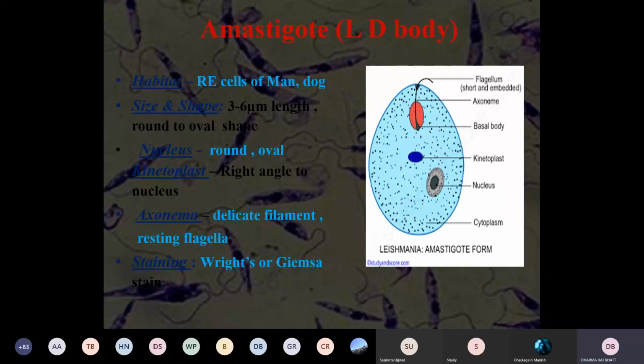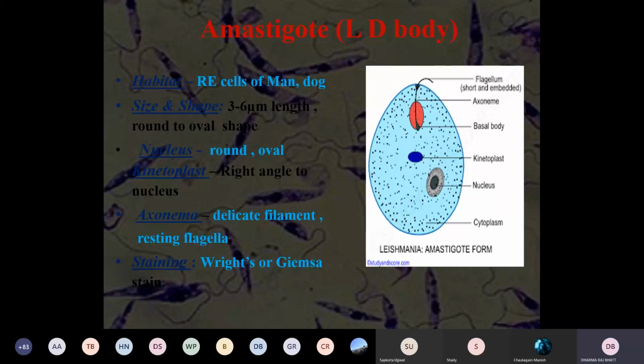So the LD body is almost 3 to 4 or 5 times larger than the size of the cocci. So we should not get confused with them. Many times we can find even granules also, which are also confusing. Now this is about size. Shape is just like cocci, what we see. Staphylococci, streptococci: round or oval in shape, as we can see in the picture.